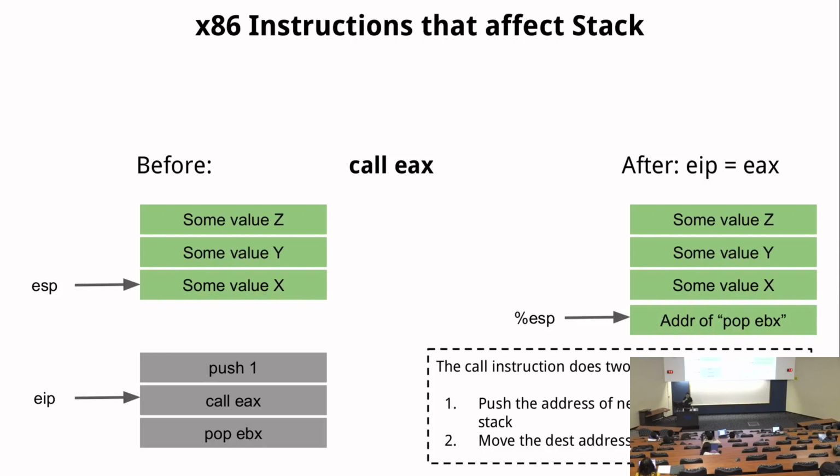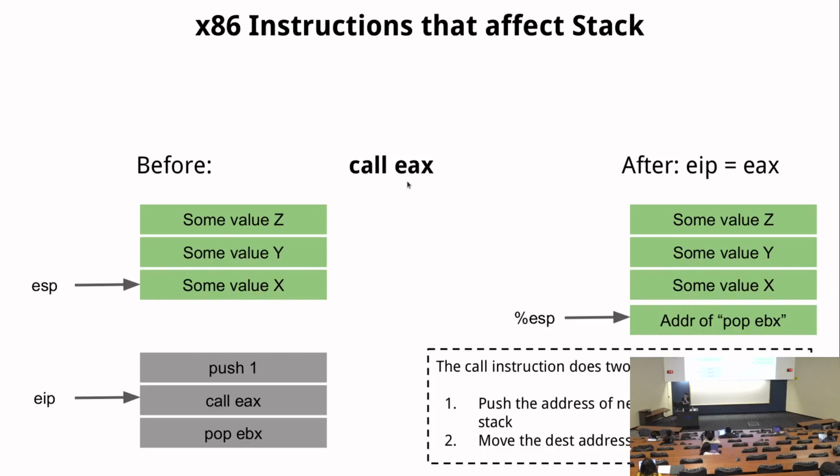If the call instruction is called on a register, like call EAX, then when you decompile this program, you don't really know where it is calling to, because the value of EAX will only be determined at runtime. That is called an indirect call.